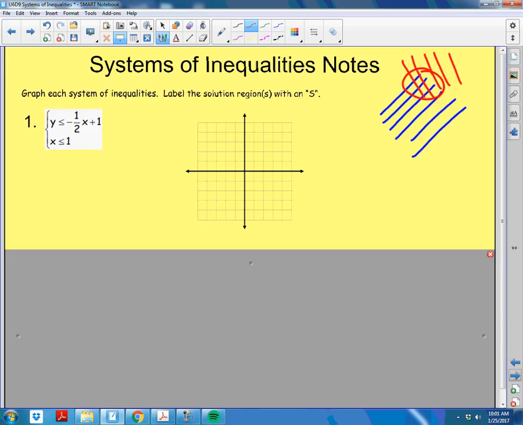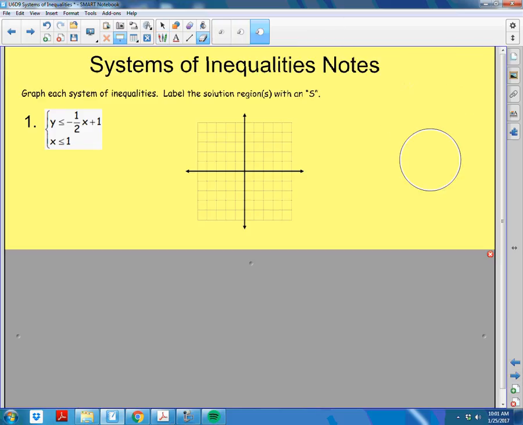I don't care which ones you do. I would not choose vertical and horizontal lines, though, to do the lines. I've had kids do that. That's not smart. Why would that not be smart on a coordinate grid? Because there are a whole lot of vertical and horizontal lines. Just saying.